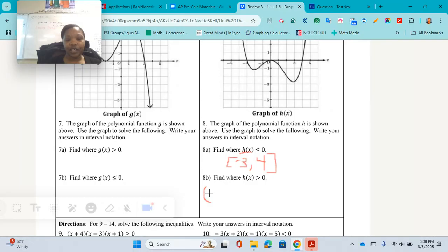So negative infinity to -3 and union, excellent, +4 to infinity. Any questions?